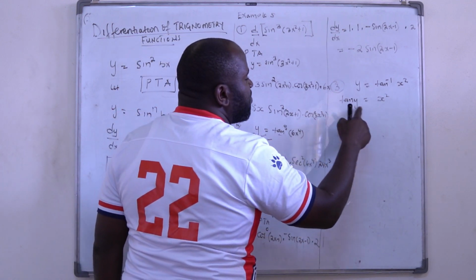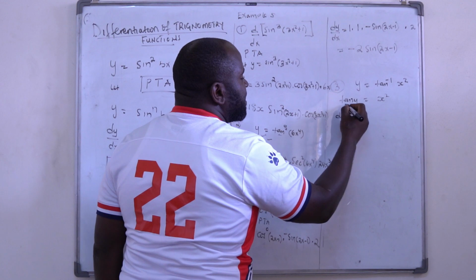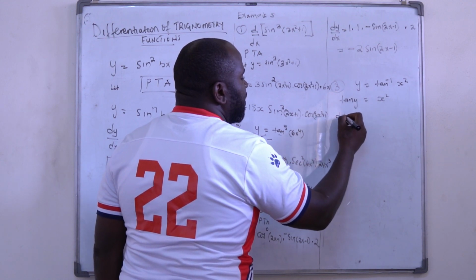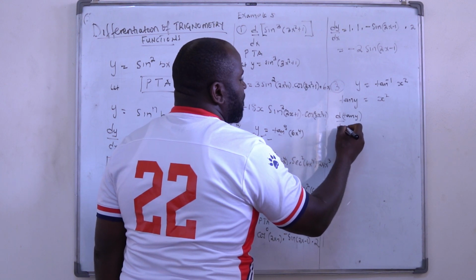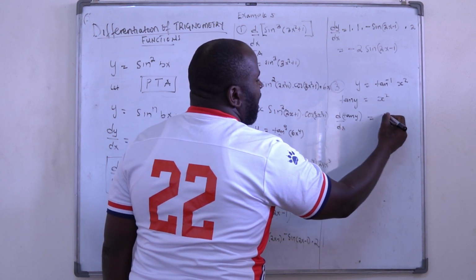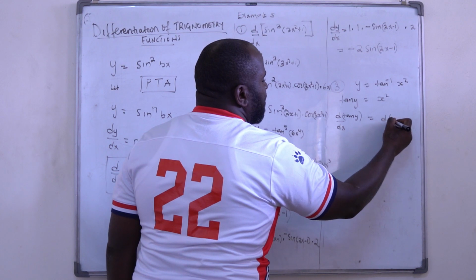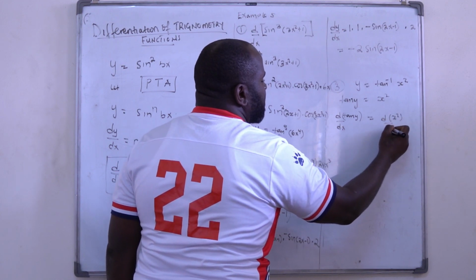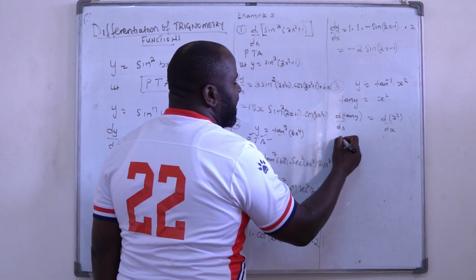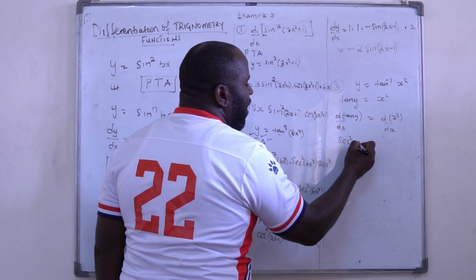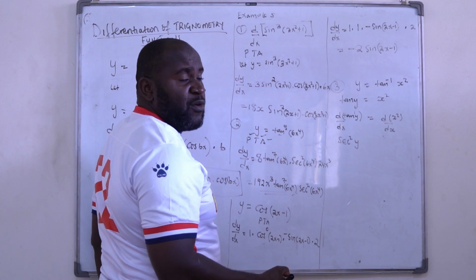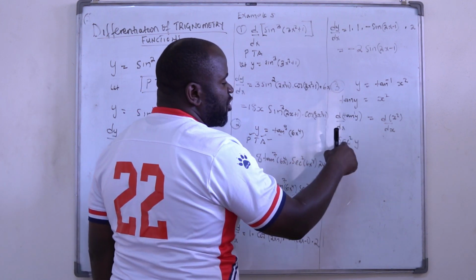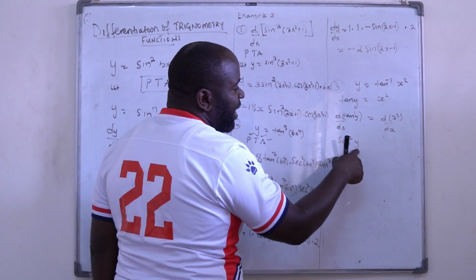So I'll differentiate both sides. When I differentiate tan of y with respect to x, I'll also differentiate this side, x squared, with respect to x. When I differentiate tan, I get sec squared y. Because it's a singular tan with power 1, differentiate the trig function, you get sec squared of the same angle.